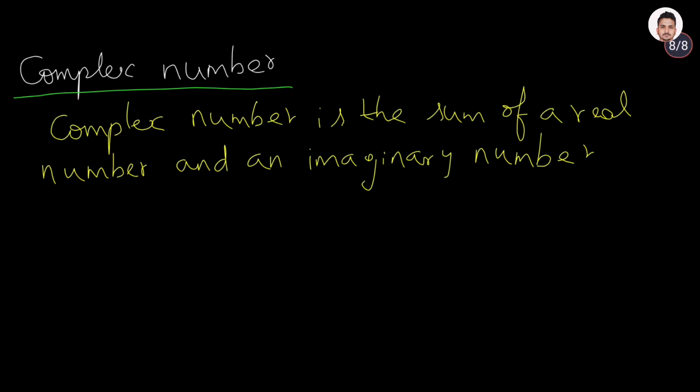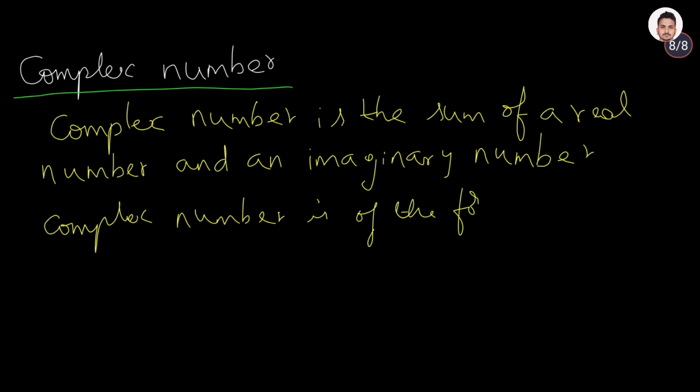So a complex number is of the form a plus ib, where a and b are both real numbers.